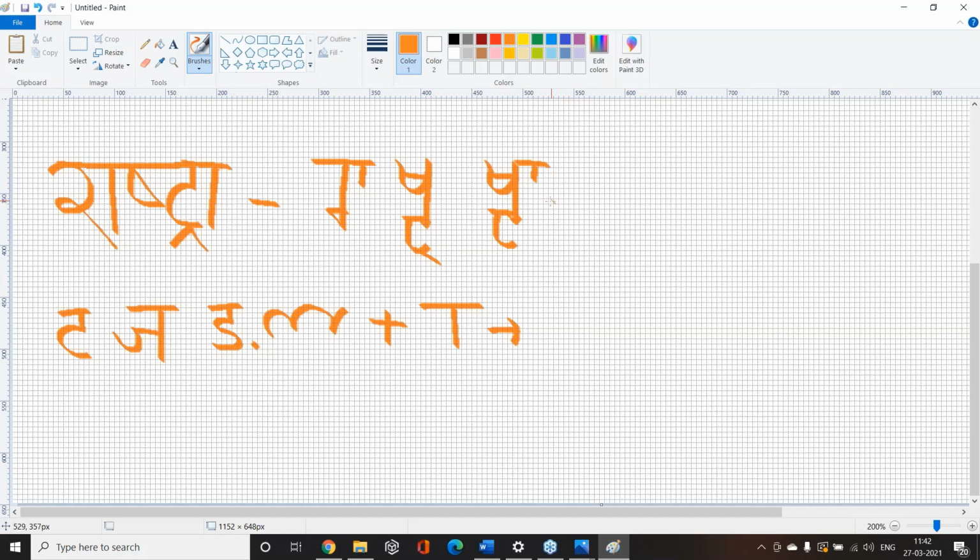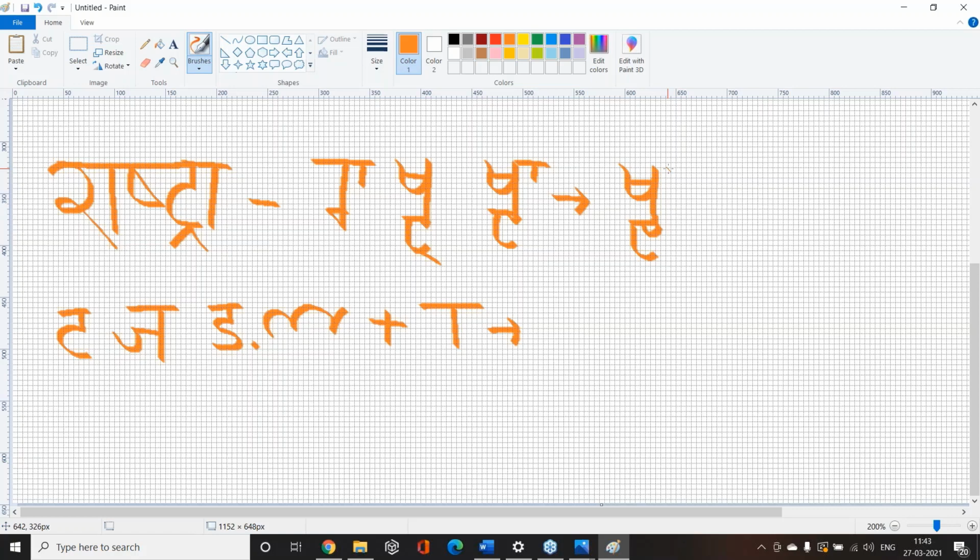But in case of letters like j, d, n, and all these, you will see that the matra a is written at both the letters. Here, so here it will become a loop, a bigger loop.